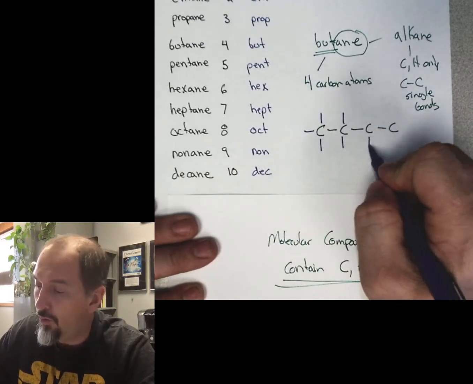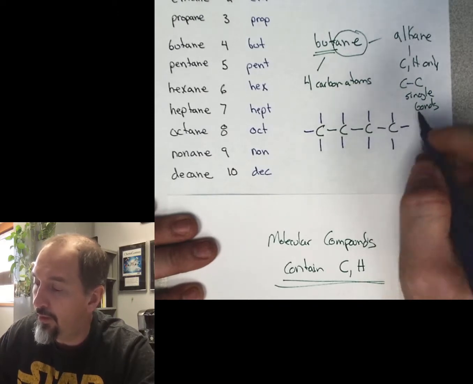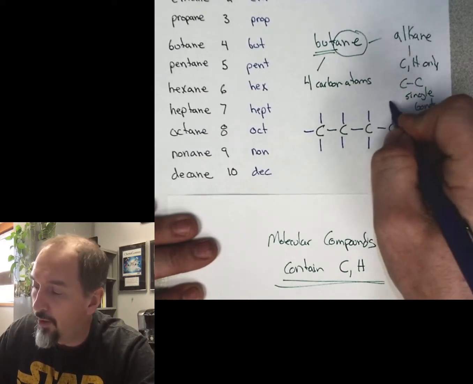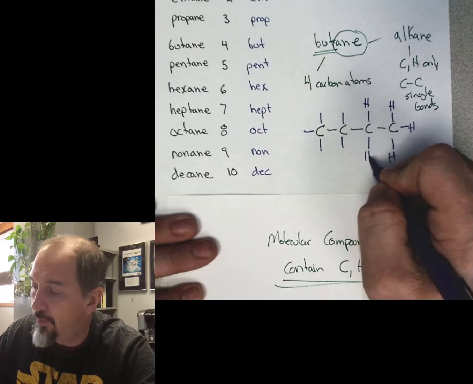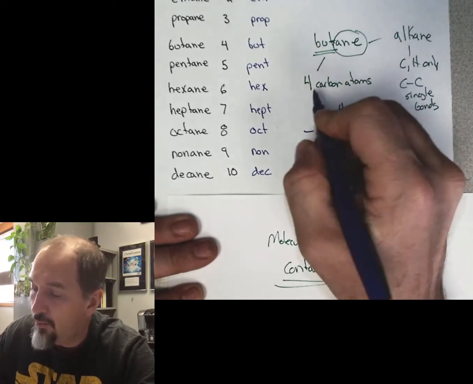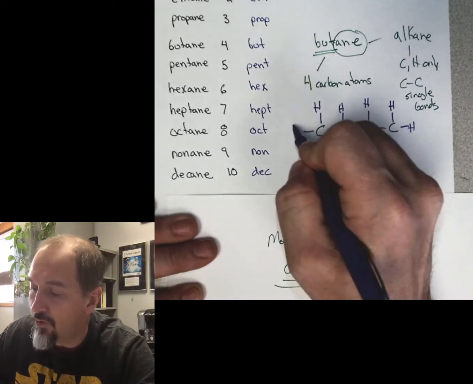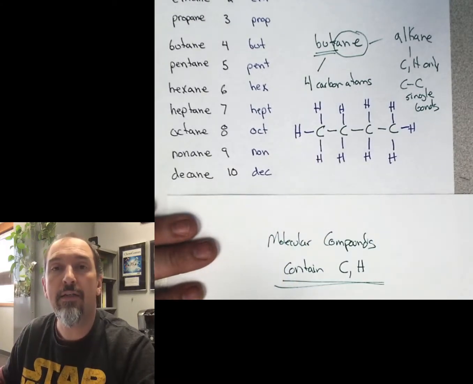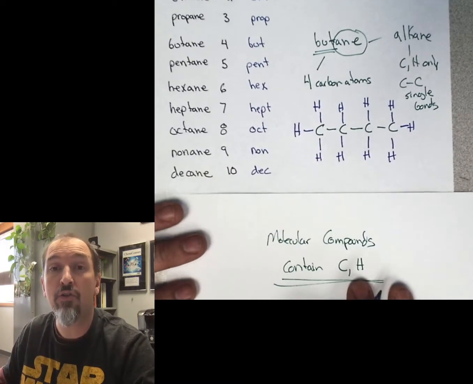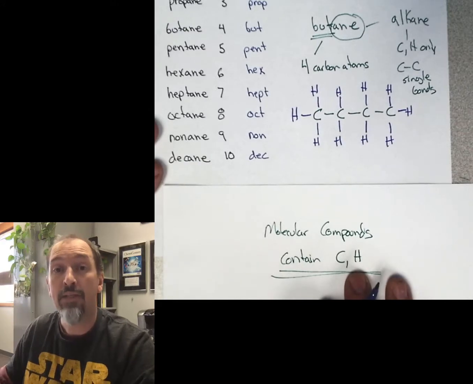So we can put our hydrogen atoms around to fill them in so that each carbon atom has 4 bonds. So there is the expanded structural formula of butane based on its name.